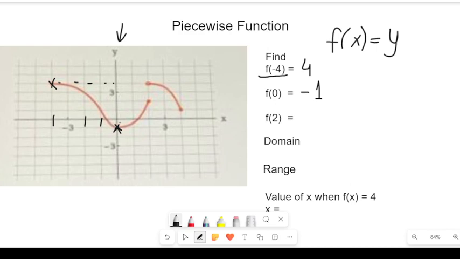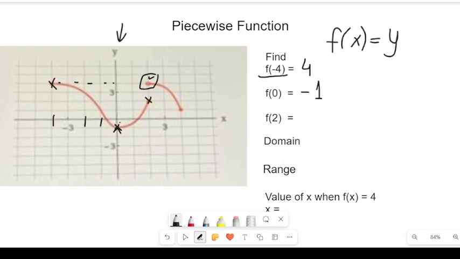Now, when our x value is 2, what's the value of our y? Let's see where our x is 2. So 1, 2. It could be right here. So let's see. We can see here we have a circle dot, so it's not filled in.